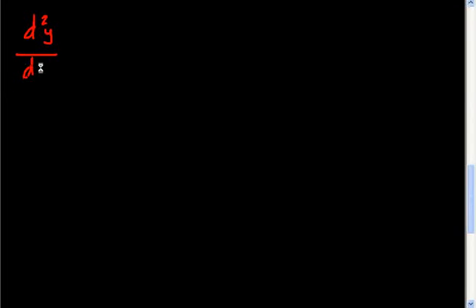So let me summarize what we've learned so far. If my second differential, that's d squared y over dx squared, gives me a value that is greater than 0, meaning it's a positive value, then that's a minimum.